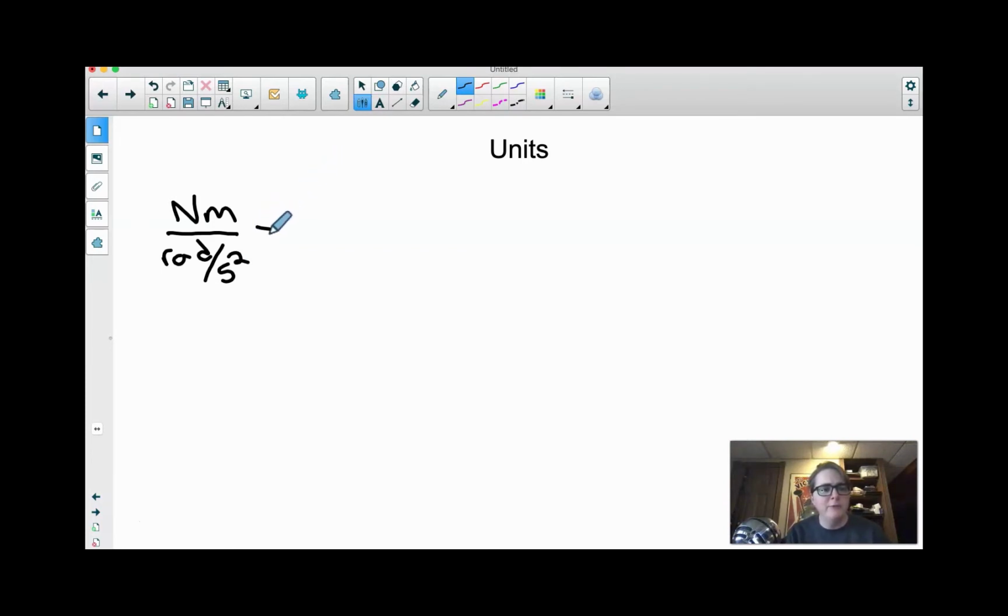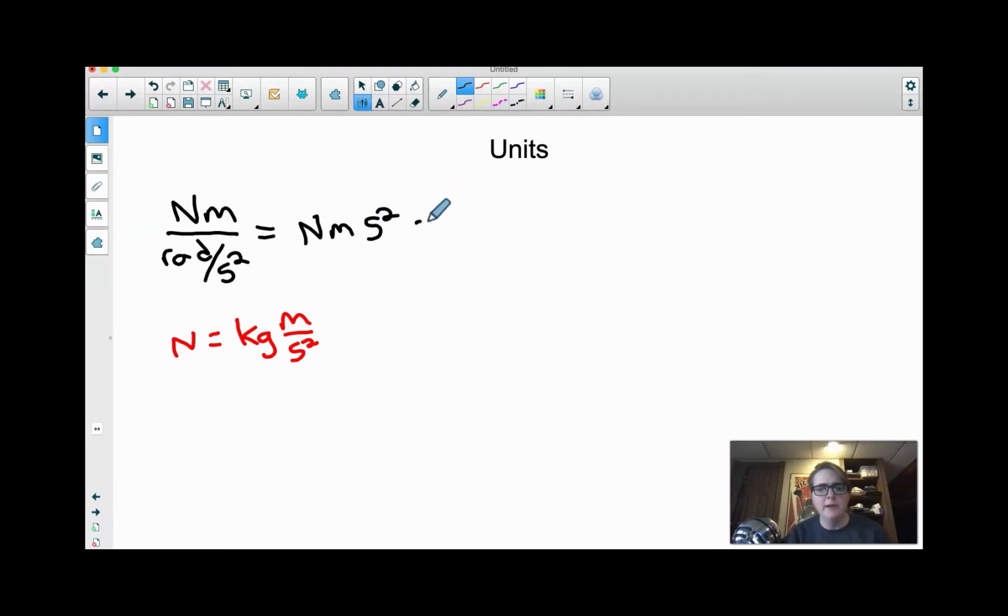Now in physics, radians tends to be treated as not really a unit, and so this is going to turn out to be newtons times meters times seconds squared. Now I can simplify this a little bit farther, because a newton is also a kilogram times a meter per second squared.